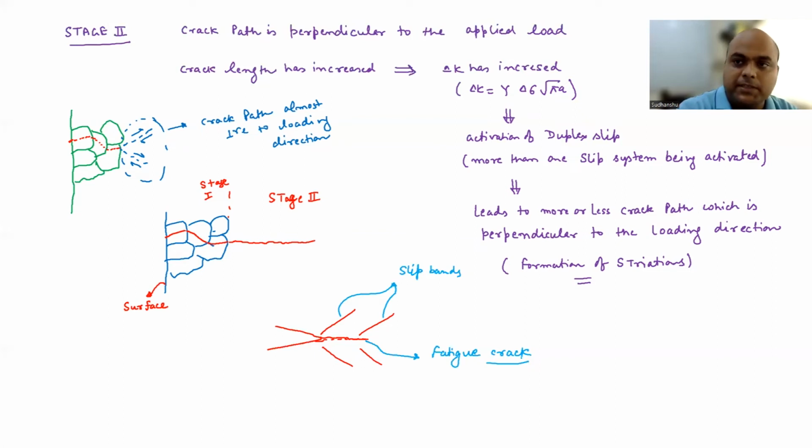Now the situation is that the crack length has increased significantly in stage 2. So your Kmax is now very, very high, and that is where we are now in stage 3. So here Kmax is high at this stage.